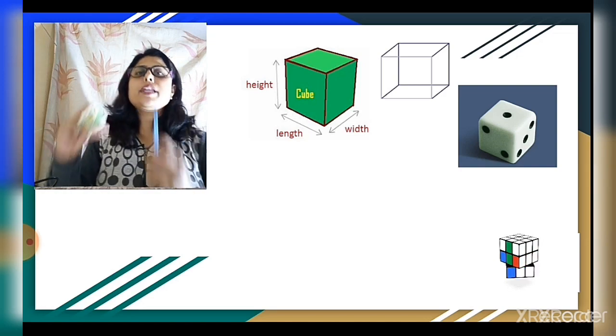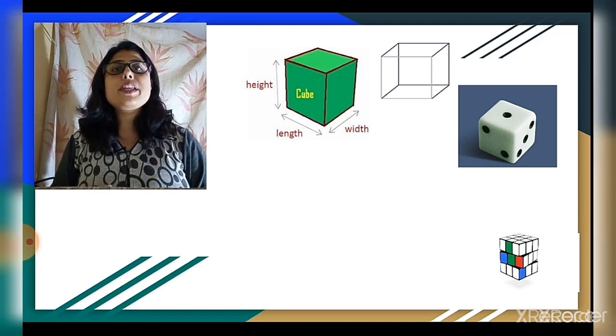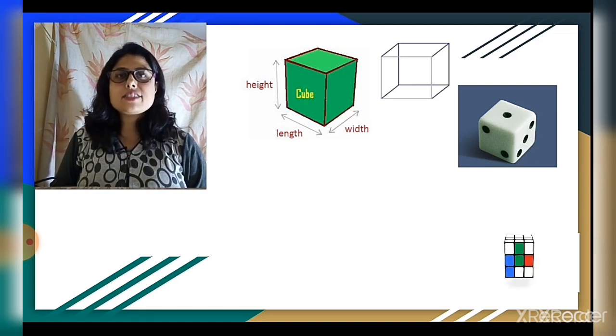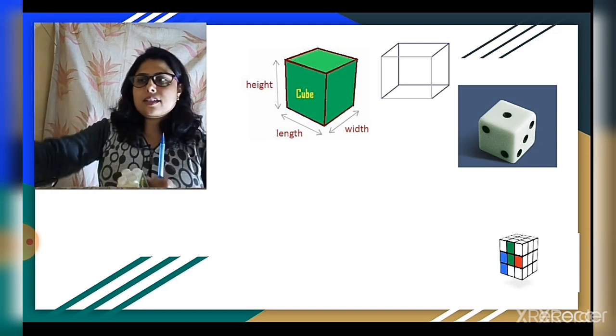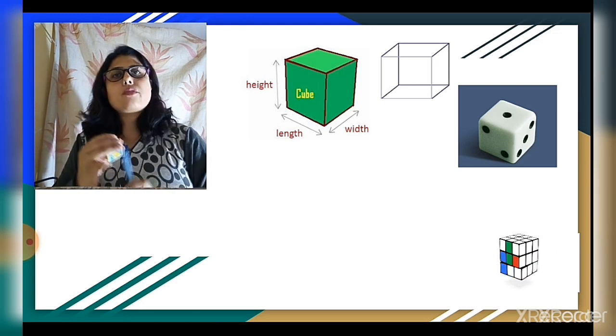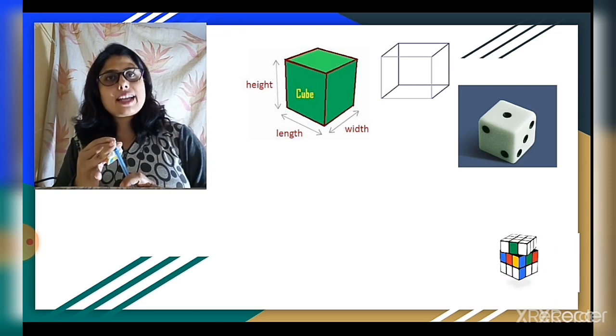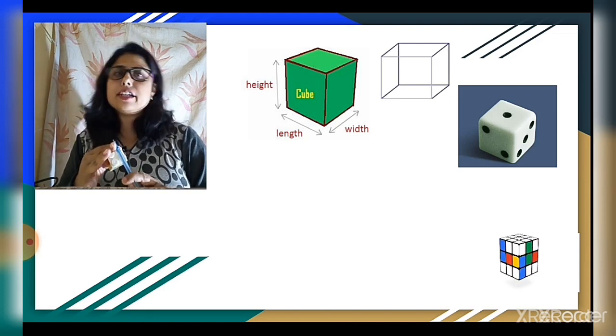So how many edges, how many faces and vertices do we find in a cube? Let's count it. One more thing, we get the same number of edges, vertices and faces in a cuboid also.